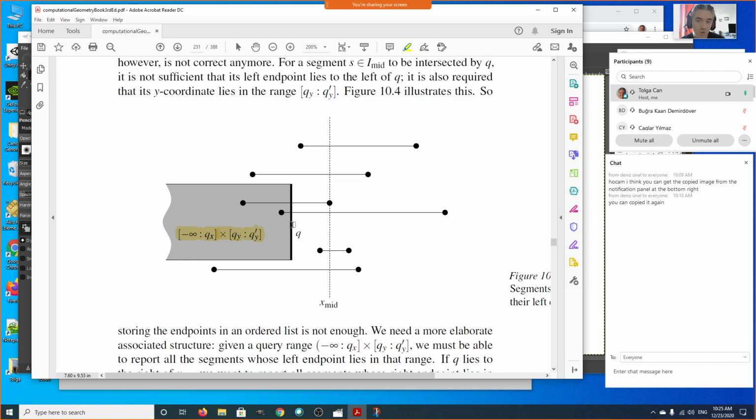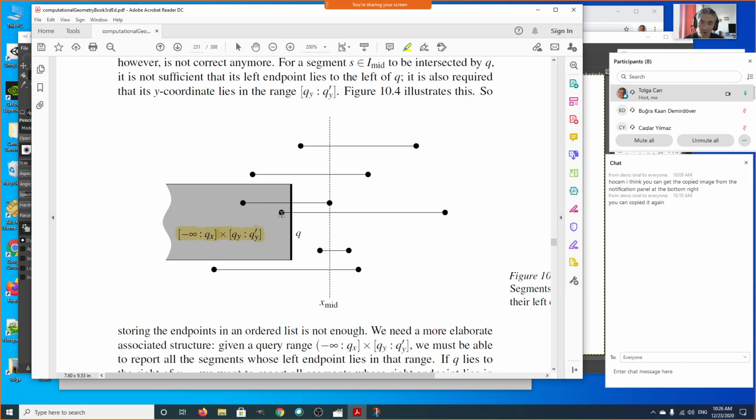But instead of that sorted list, we build a 2D range tree for the left endpoints. This query that we have can be queried on this 2D range tree of these endpoints to find the ones that are inside this query window. So this becomes our query window, the segments that we want to report. And as you can see, it becomes a 2D range query, right?